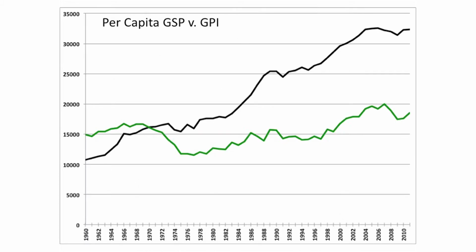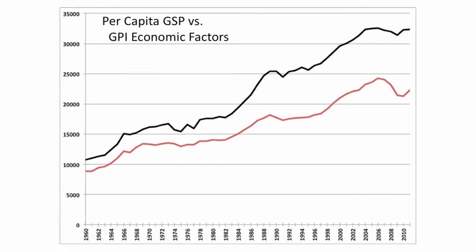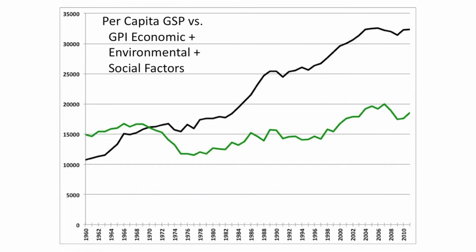And you can generate graphs that compare GPI to GSP. You can look at the different elements of the GPI set, the environmental, the social, and the economic, and see the relationship to GPI overall. You can go per capita, you can do lots of interesting things, and here we end up with the same comparison.